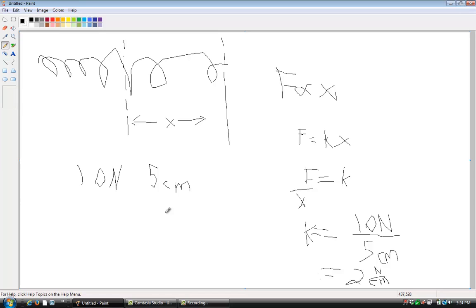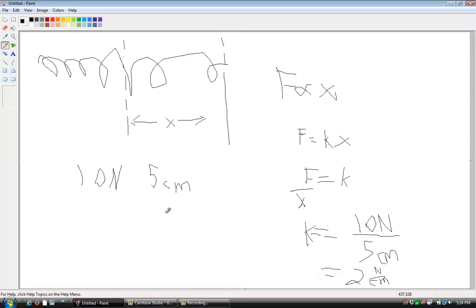Okay, that would be the first half of the problem, finding the k. So they would have said, the force is directly proportional to the displacement for a linear spring, and for a displacement of 5 centimeters, the spring will exert a force of 10 newtons.